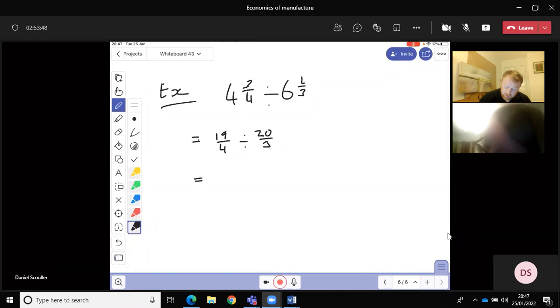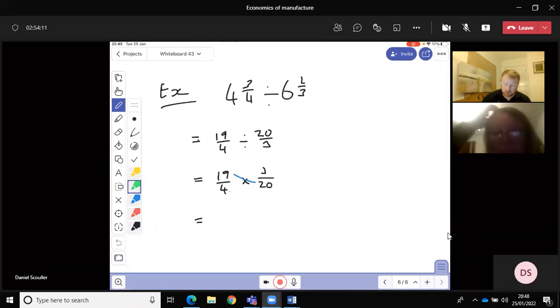Okay. 19 over 4, multiple. Okay, so there's no easy way of simplifying that down. Remember we can only do that alternative method if one of these crosses simplifies down a wee bit.